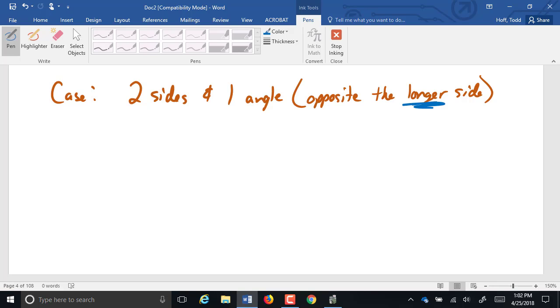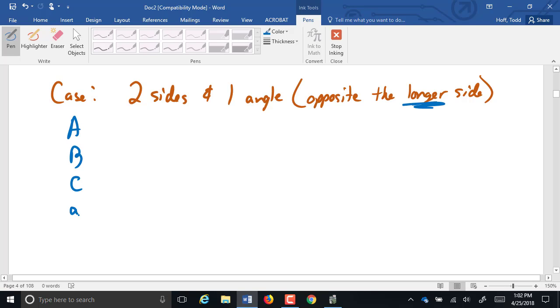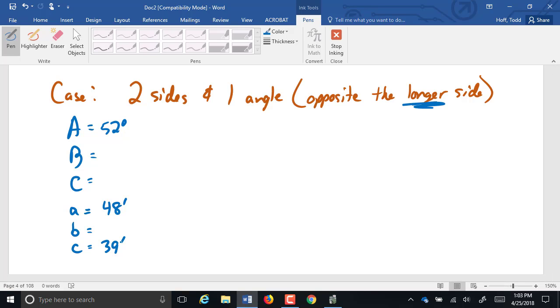Now, rather than drawing out the triangle, I'm going to list out my pieces here. I've got angles A, B, and C, sides little a, little b, and little c. If I tell you that angle A is 52 degrees, side A is 48 feet, and side C is 39 feet, is the angle opposite the longer of the two sides?